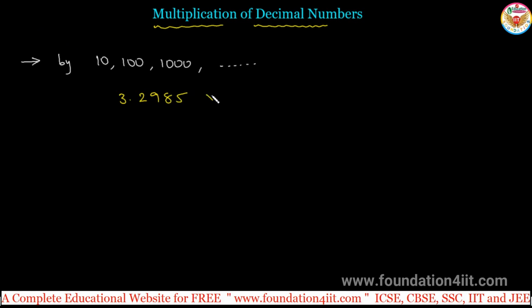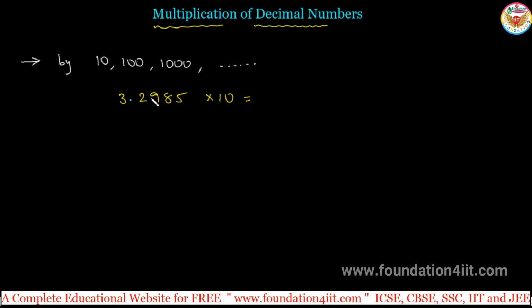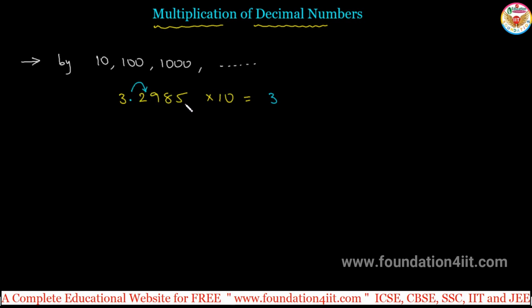When you multiply by 10, the decimal point should move to the right side one place. We are multiplying with only a single 10, that means only one zero, a power of 10 to the power 1. So the answer is just that the decimal point will move one place to the right side.